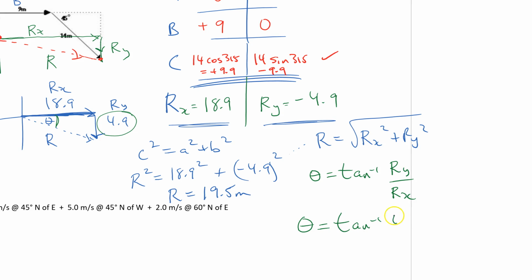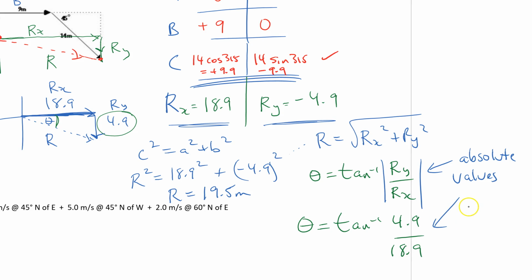I'm going to put in 4.9 over 18.9. I'm just going to highlight this by saying that here means absolute values. Use only positive. So even though there's a negative here, we don't put the negative over there, okay? I think you'll see why in a second.